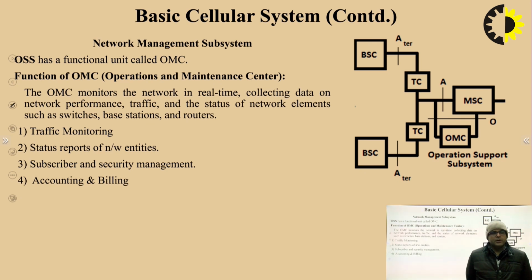Basically, it monitors the network in real time, and collects data on network performance, traffic, and status of network elements such as switches, base stations, and routers. Its main functions are to monitor traffic, report network entity status, subscriber and security management, accounting and billing.